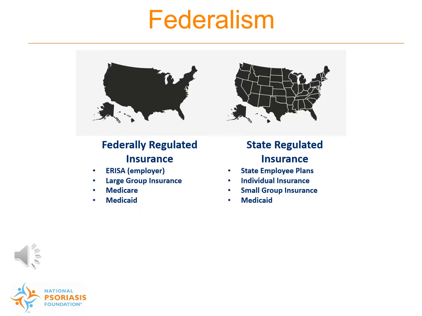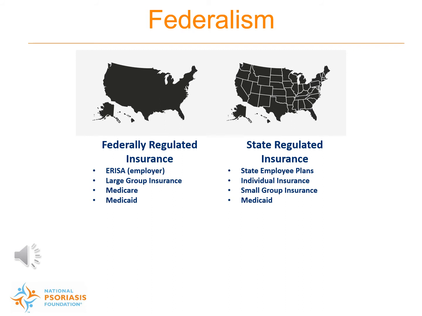Since we advocate at both the federal and state level, it is important to understand which government regulates each type of healthcare and health insurance. At the national level, the federal government regulates ERISA plans, also known as employer-sponsored health insurance plans, large group insurance plans, Medicare, and Medicaid.